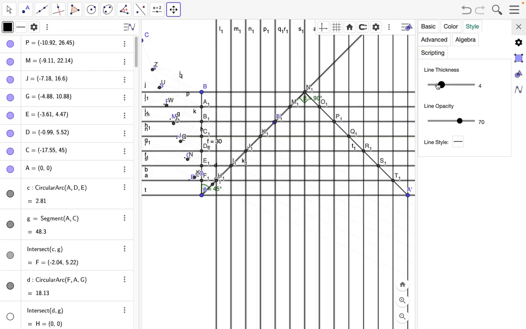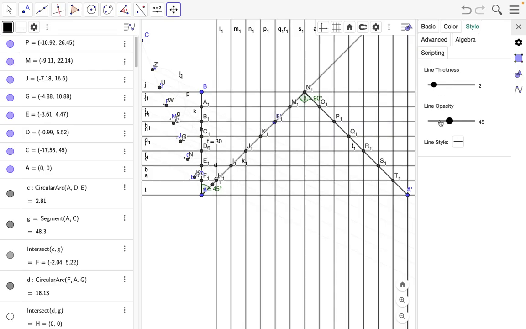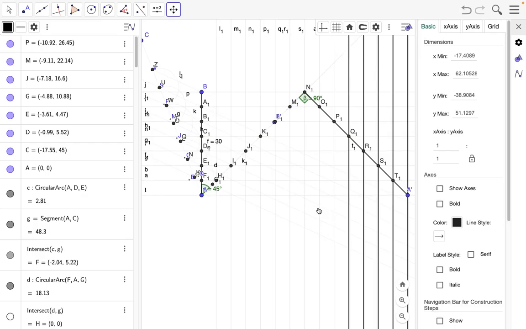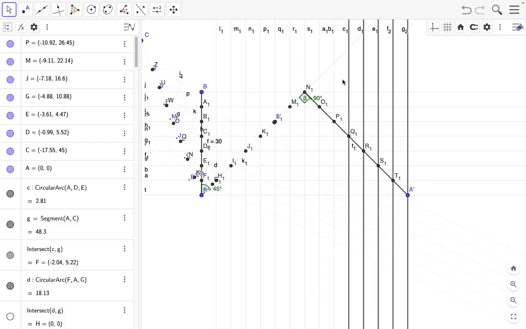So here it can be like say 2, and it can be about say 10, so that they look very faint, so that while drawing you can simply see the letters instead of all these lines. Again we can select all these remaining lines and make them faint.